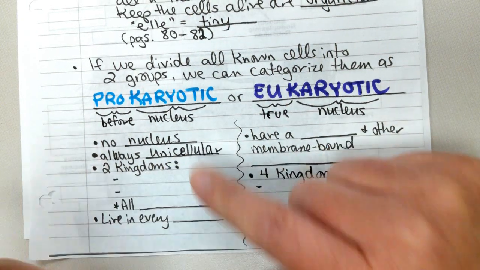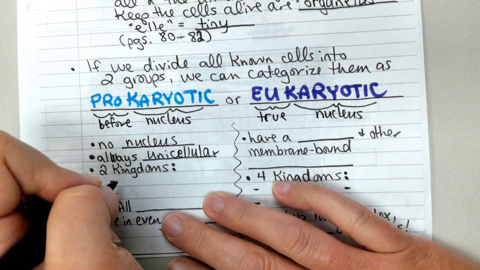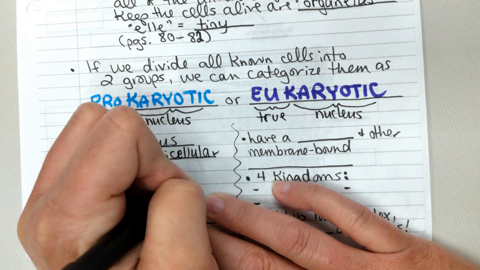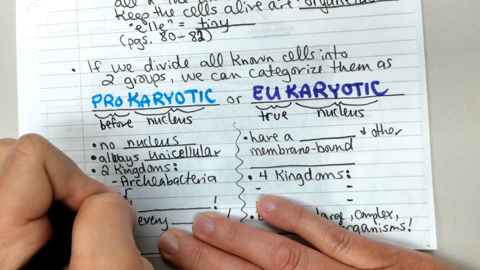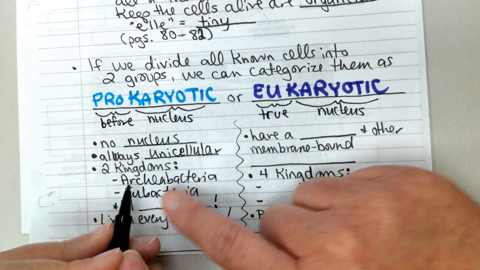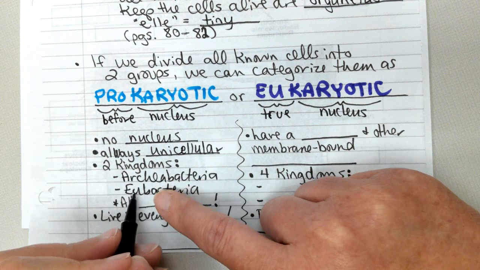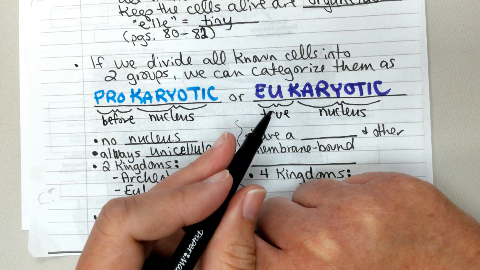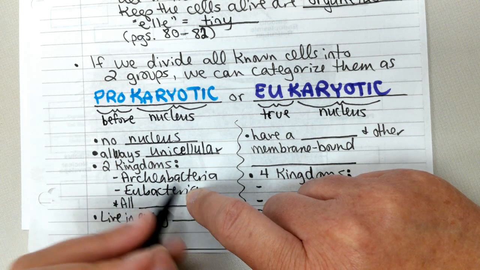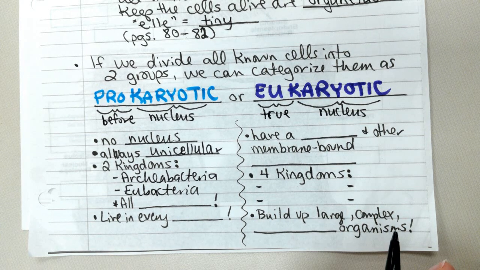So they're always unicellular. There are two kingdoms of prokaryotes, archaeobacteria and eubacteria. Okay, the ancient bacteria and the true bacteria, the ones that live around us, like where we are.